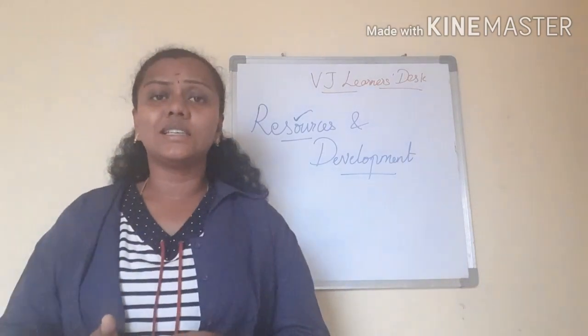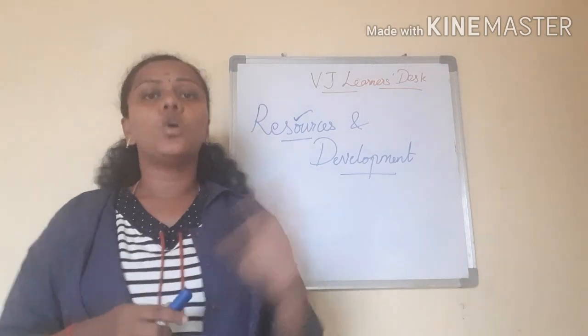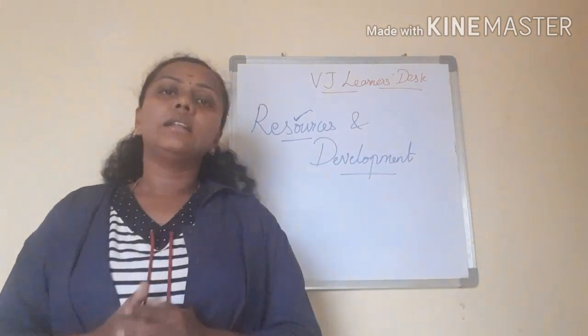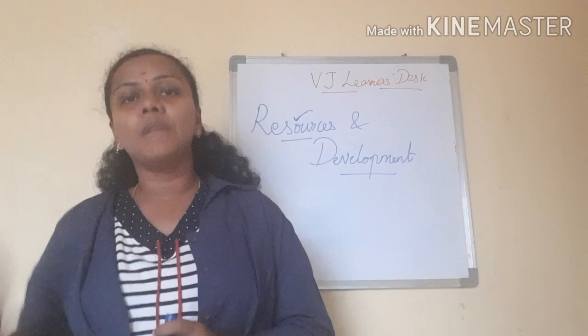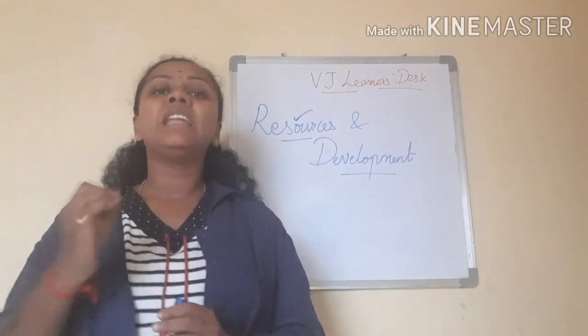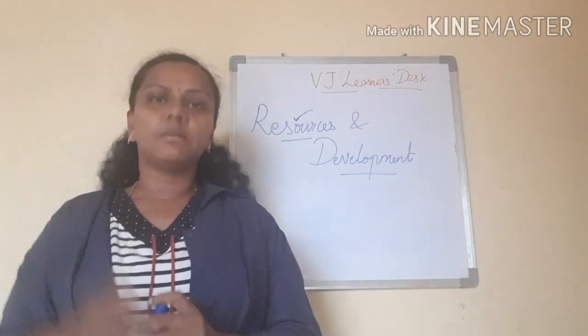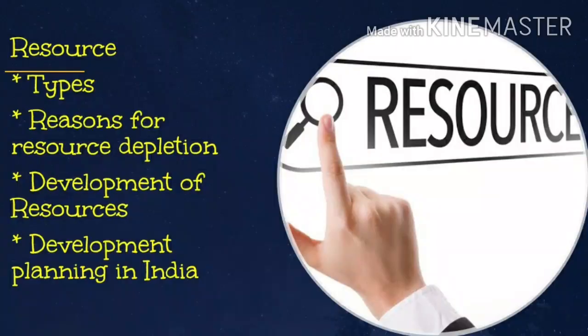So in this lesson, we have seen what is a resource. And resources are classified into many types based on many features. Let us see one by one in this video. For your information, I have split this lesson into two parts.